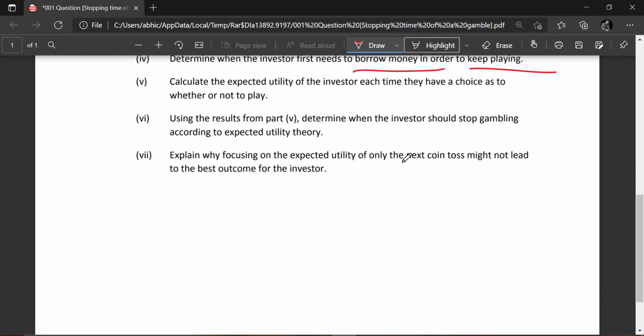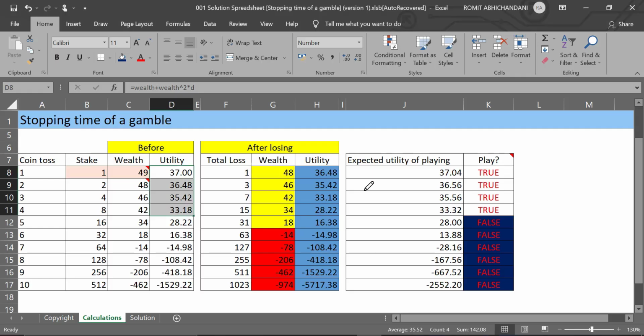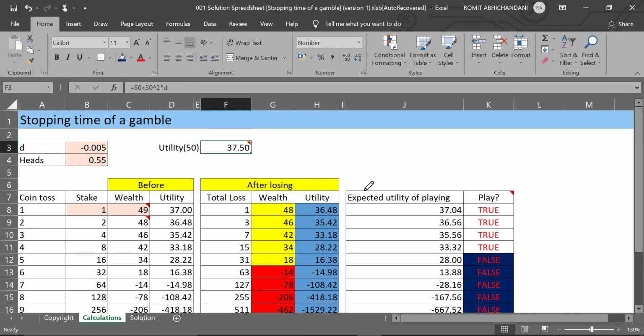Explain why focusing on expected utility of only the next toss might not lead to the best outcome for the investor. See, the answer is simple. We know that in the long run the chances of winning are more than the chances of losing. So eventually at some toss you are going to win, right? And then your wealth is going to go to 50 whenever you win.